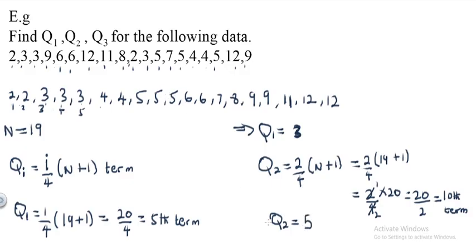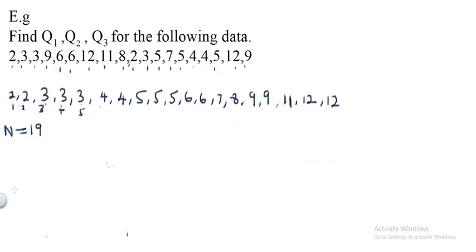Next, find the third quartile. Let's clean up space. Remember, the first quartile is equal to 3. The second quartile, also known as the median, is equal to 5. For the third quartile, we use the same formula to find the position. The third quartile is located at 3 over 4, open bracket, n plus 1's position.